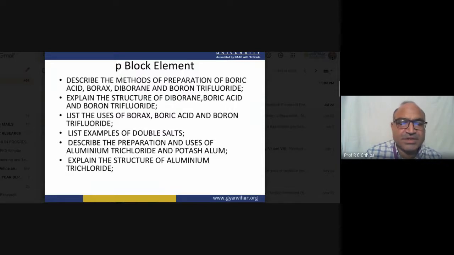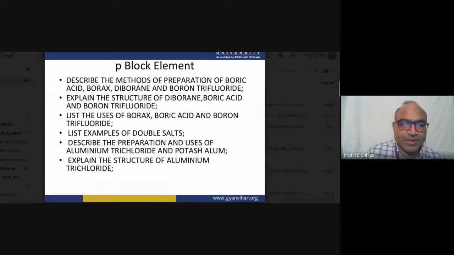Double salts are also related to those. For example, potassium sulfate and aluminum sulfate form potash alum, which is a double salt. There are a number of examples of double salts. Then the next question appears: describe the preparation and usage of aluminium trichloride and potash alum.